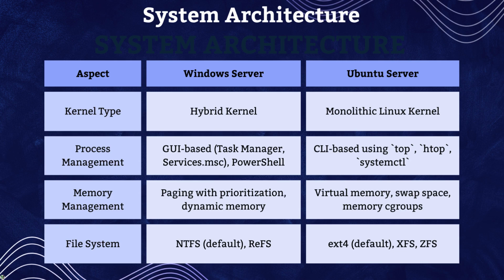Ubuntu Server commonly uses ext4 as its default, also supporting robust options like XFS and ZFS. In essence, Windows Server offers a more GUI-centric integrated experience, while Ubuntu Server, with its CLI focus and open source nature, provides immense flexibility and control. Both are powerful, but cater to different preferences and use cases in server management.